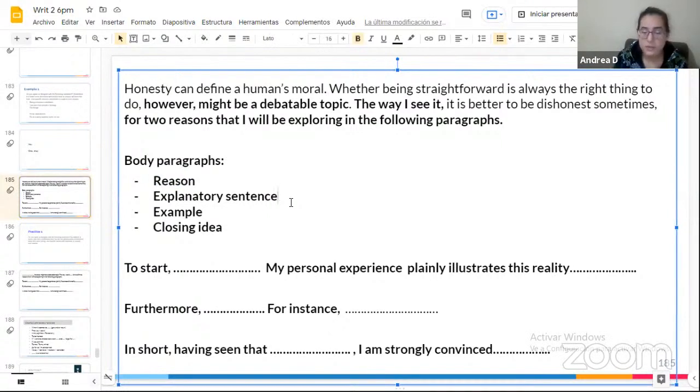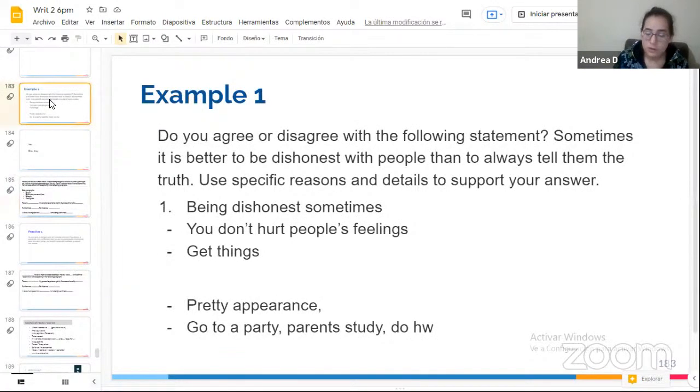You can say something like, you do this by telling them what they need to hear. Or you can also give a fact. You can say, as a matter of fact, according to this research, people prefer to hear lies rather than the truth when it has to do with this or that.